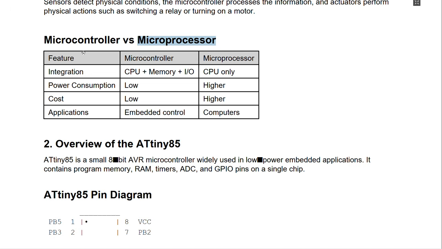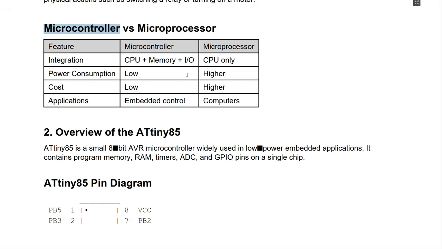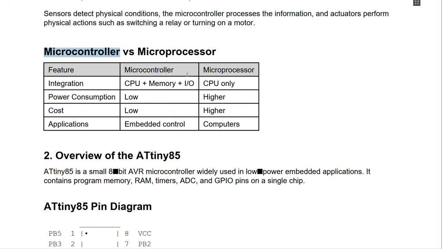A microcontroller is the basic form of a computing device, and it has all it needs to process on the inside, all in one construction, all on one chip, on one substrate. A microprocessor is different in that it only has the basic processing unit, the CPU, the central processing unit, and nothing else on the inside, right?